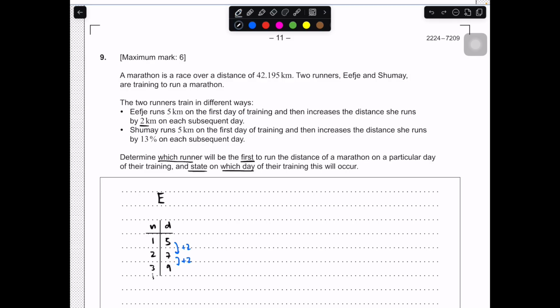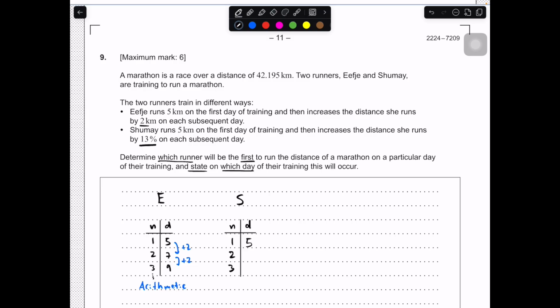And what about for Shume? So we know that this is arithmetic. For Shume, how is the number of days and the distance related? On the first day, the second day, the third day. Shume also on the first day runs 5 kilometers. And on the second day, she runs 13% more.